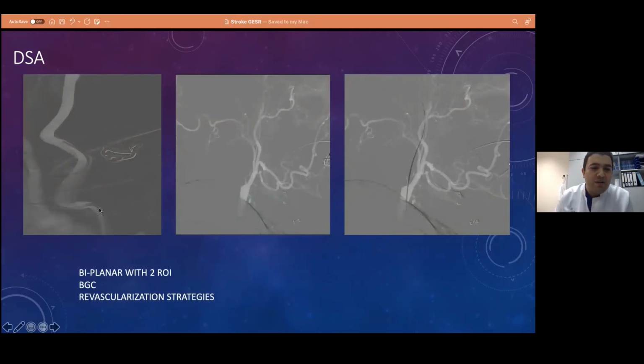Here is the first picture, and you see it's the left side on the lateral view. I usually do one for the aortic arch, this one, and then the carotid. And as you see here in the common carotid, you have a stump and nothing else. You see only the external carotid artery branches.